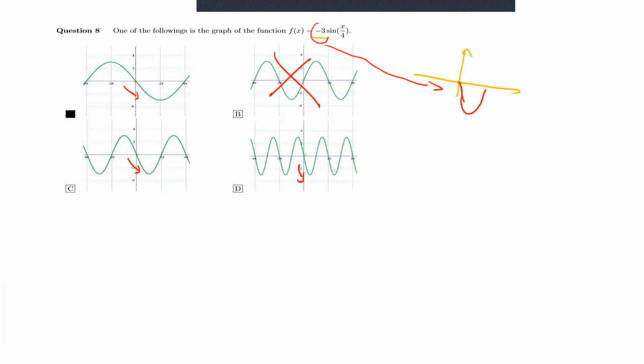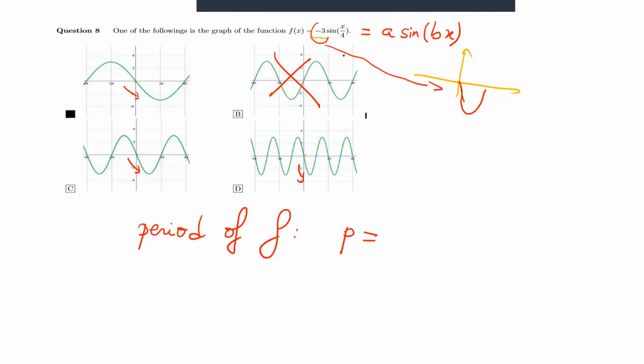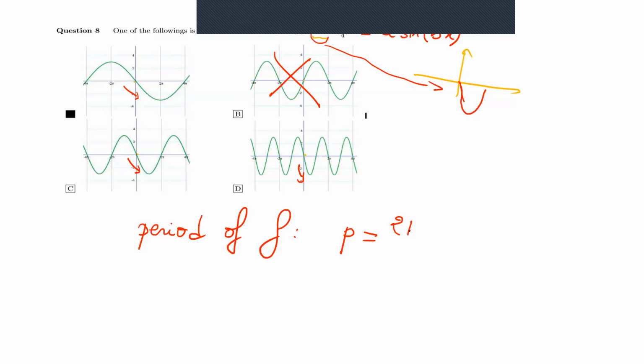But the most effective way to find the graph here is to find the period of the function. The period P. Here f is of the form a sine bx, so the period is 2 pi over b.